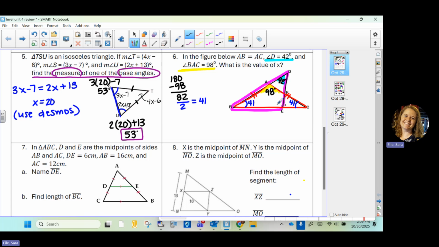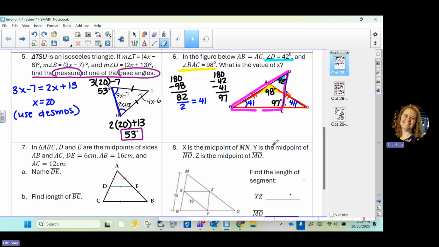So could I get this angle E down here in this purple triangle? Yeah, subtract. So I'm going to take 180 minus 42 minus 41 and see what's left. So that's 97. So this is 97 here.